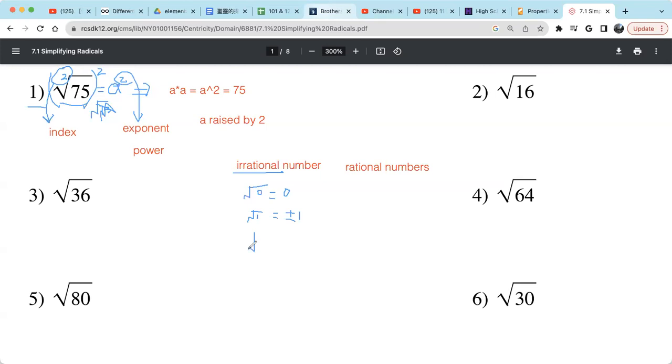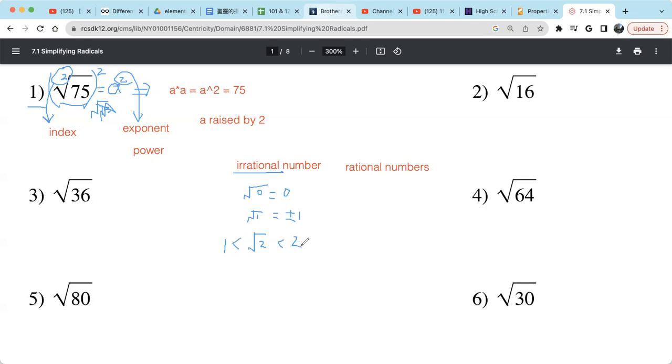What about square root of 2? No one on earth knows exactly what square root of 2 is, so we keep it as it is. Square root of 2 is an irrational number. If we press it into a calculator, the number is between 1 and 2, about 1.414.